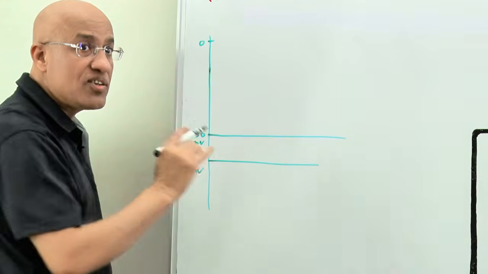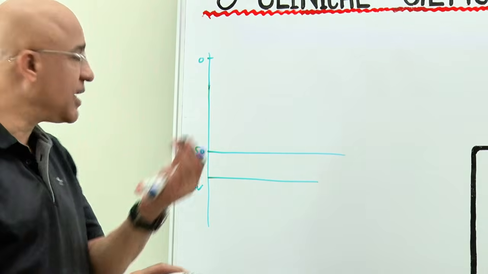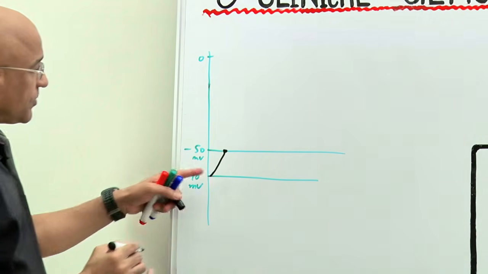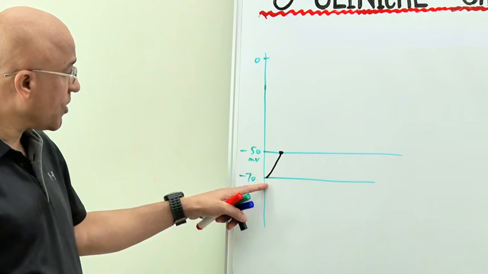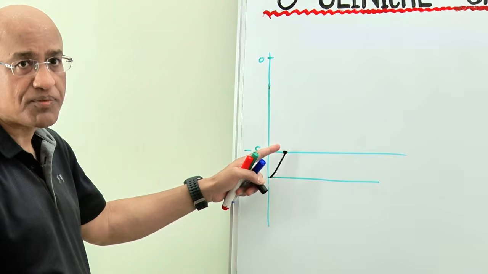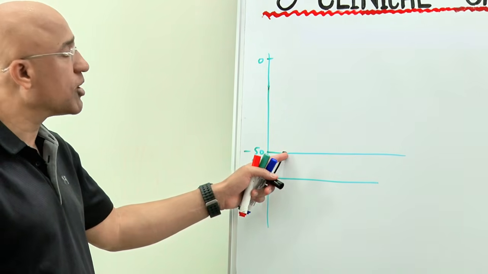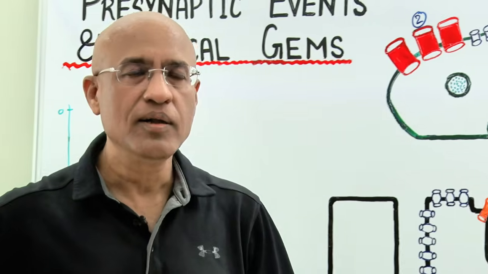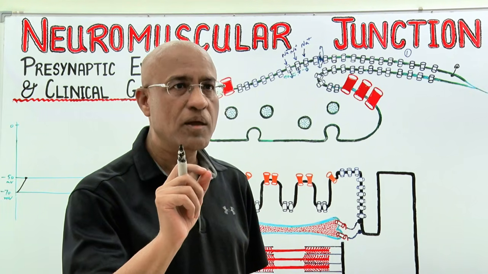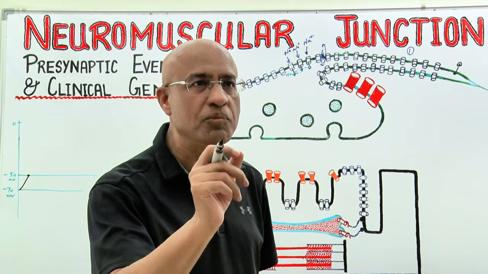What was minus 70 will become less negative, minus 60, and then minus 50. So the potential is changed from the resting membrane potential by putting some cations into the neuron, and it becomes less negative, going towards the positive, so much so that it touches the threshold potential. What is the threshold potential? The threshold potential is that voltage at which voltage gated sodium channels open. Voltage sensitive sodium channels open.